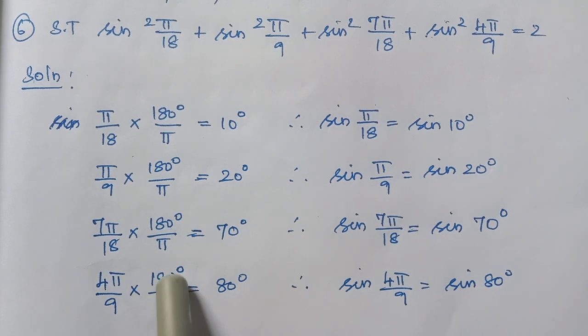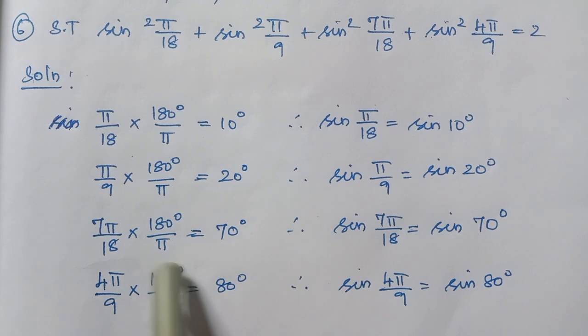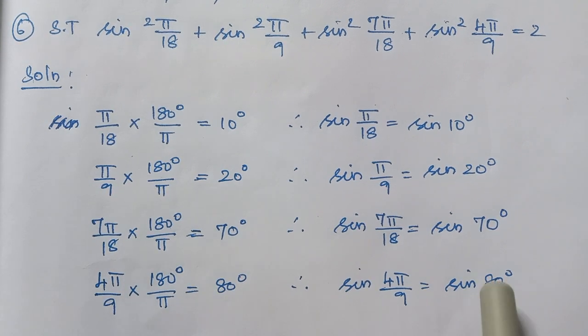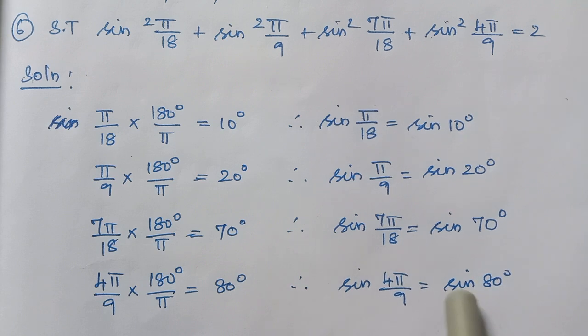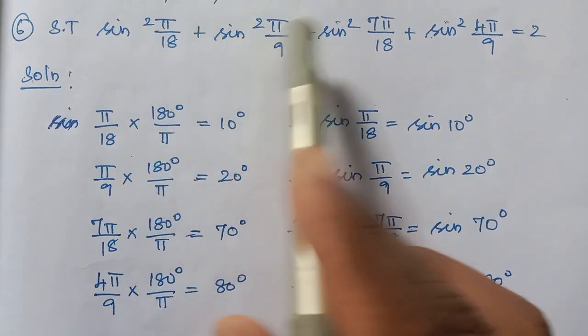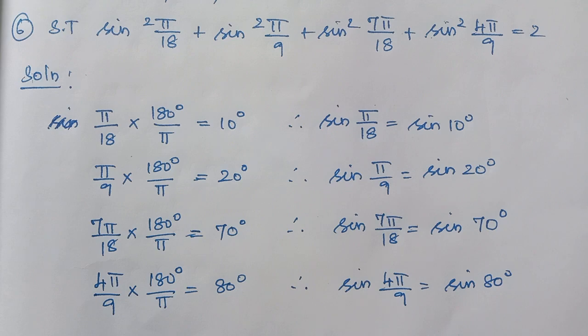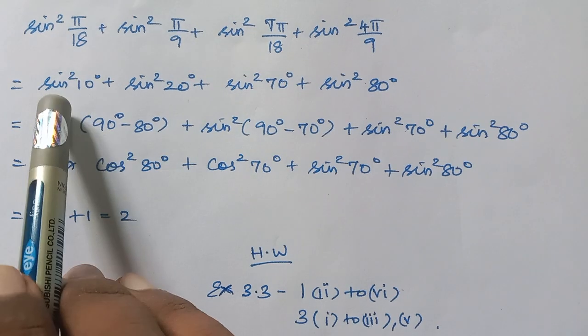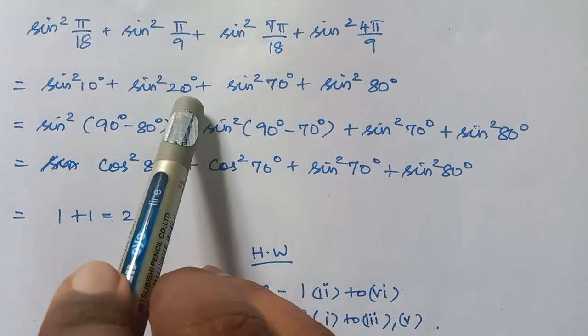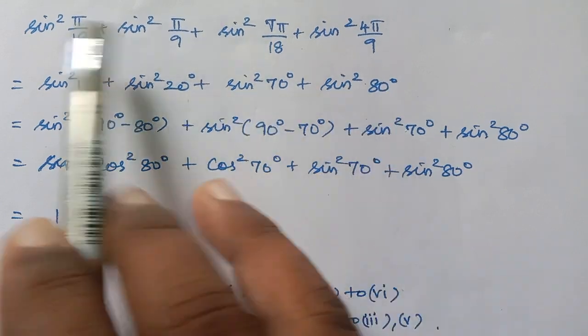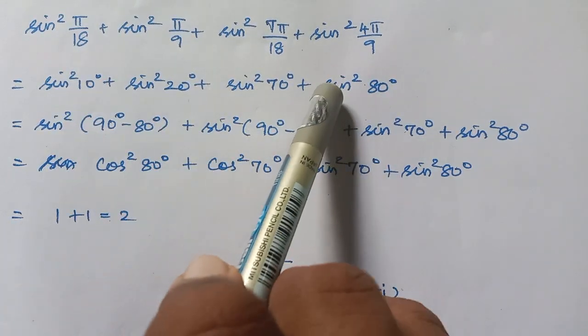And 4 pi by 9, pi and pi cancel, 9 goes for 20 times, 4 into 20 is 80, so it is sine 80. So substitute all these values here and you have to get the value. I substituted the values sine 10, sine 20, 70 and 80. All the squares have also been substituted.